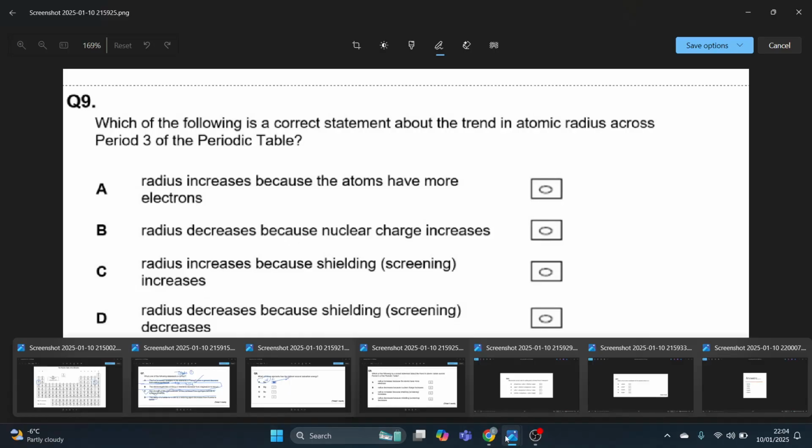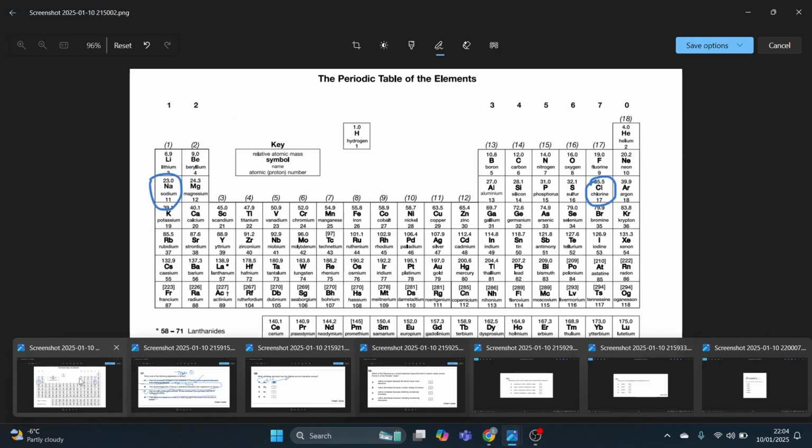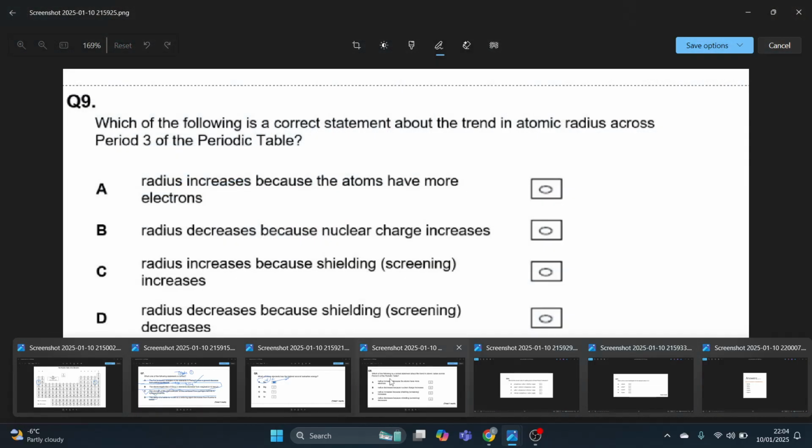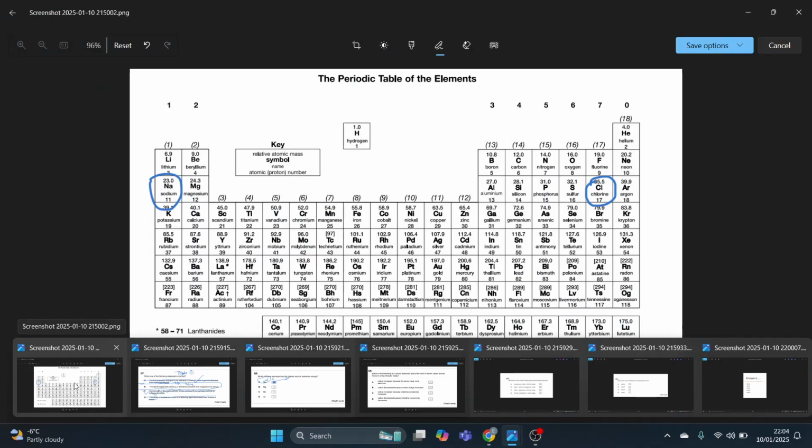Period 3 elements and oxides, sodium to chlorine. Well, what were the options again? Does atomic radius increase? It does. But if you look at it, sodium, magnesium, aluminium, silicon, phosphorus, sulfur, argon.